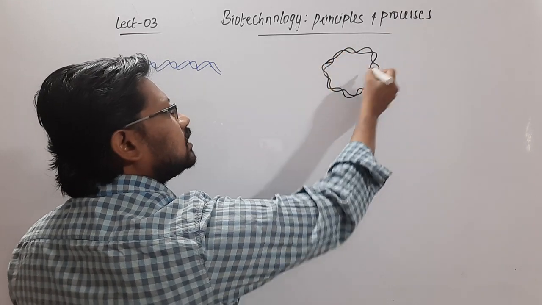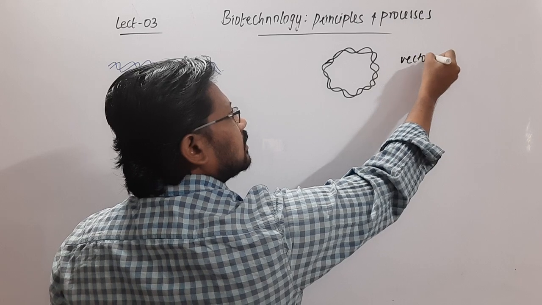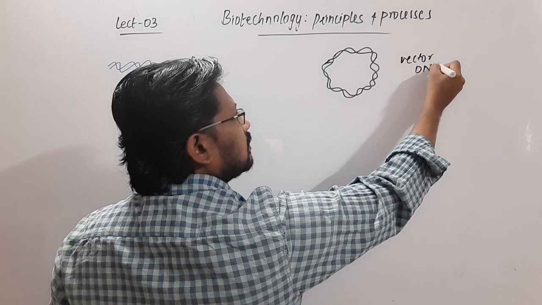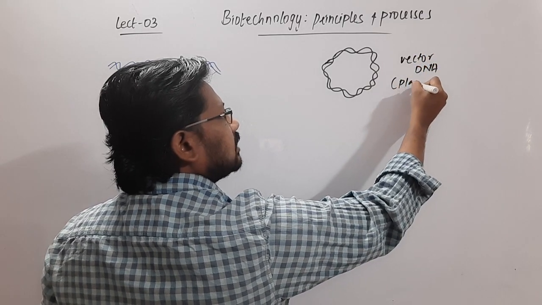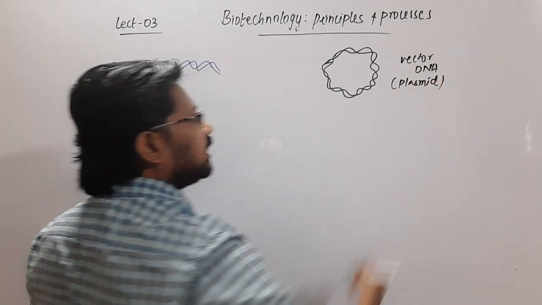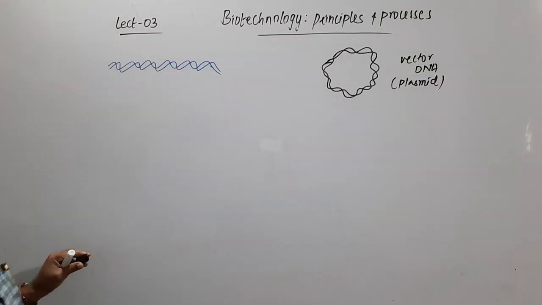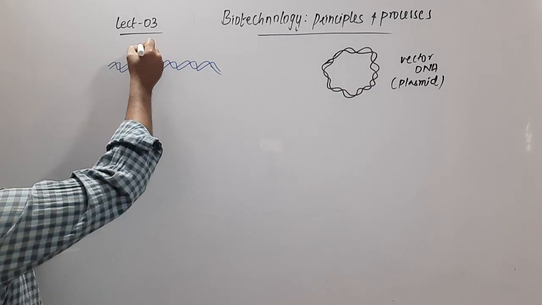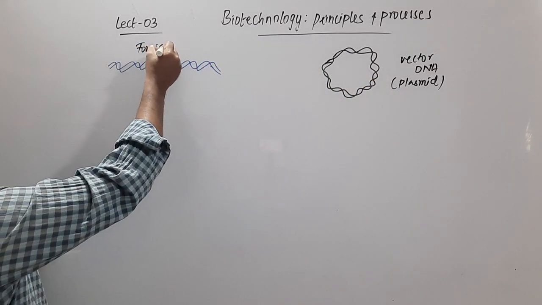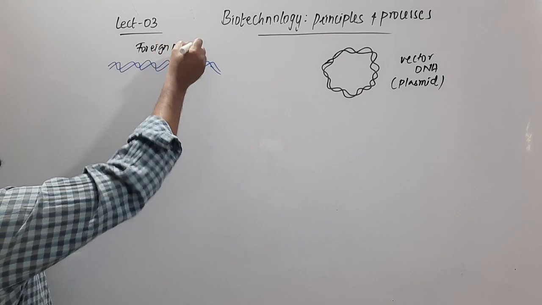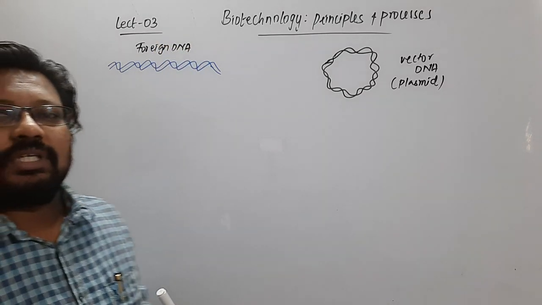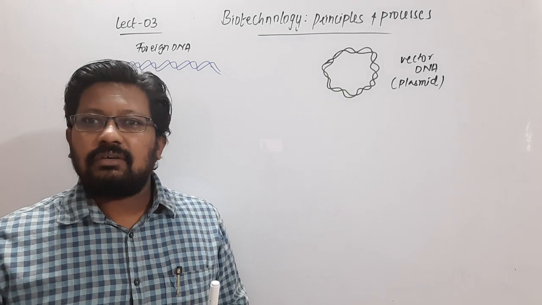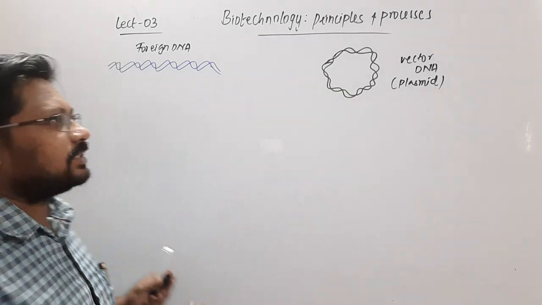This is the vector DNA, that is the plasmid. So we need to join the gene of interest to this vector DNA or the plasmid, and this is the foreign DNA. And I need to use the same type of restriction endonucleases in both the cases.